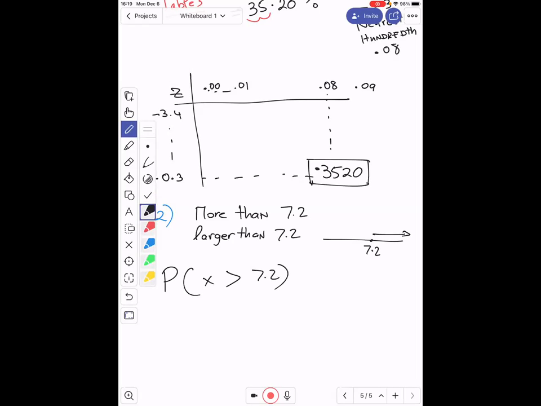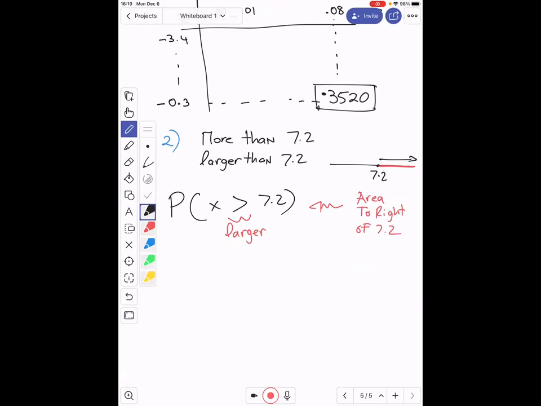The symbol here means larger. That will be the area to the right of 7.2.